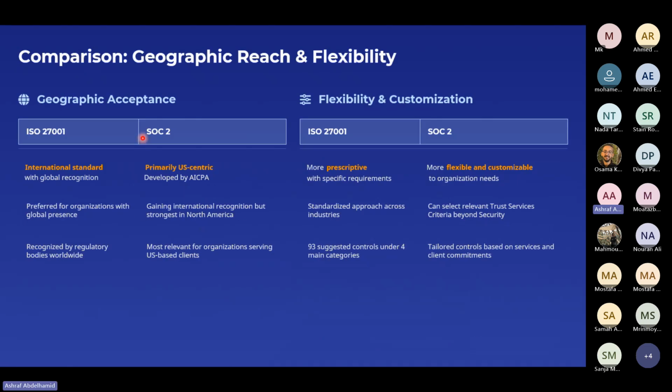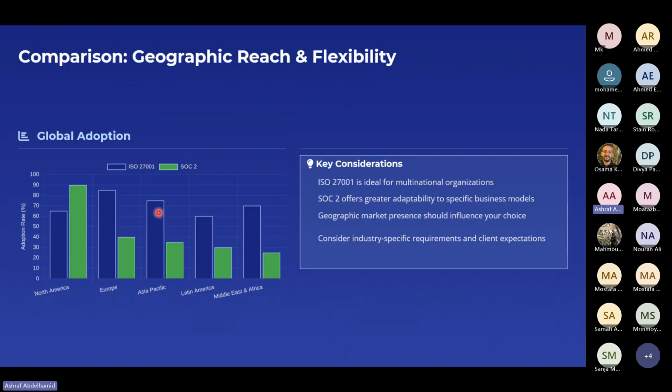Now, geographical acceptance. When we look at how ISO 27001 and SOC 2 are adopted across the world, since SOC 2 is based on the AICPA, which is a standard from the USA, we see that SOC 2 is highly adopted and recognized in North America.